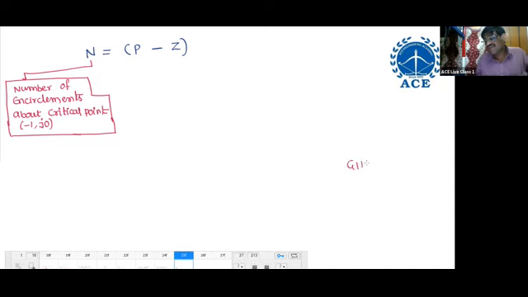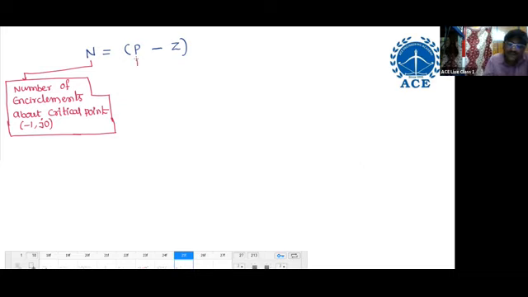For example, if they give GH like (S plus 1) by (S plus 2)(S plus 3), we can directly identify open loop stability. But which stability do we want? Closed loop stability, that is 1 plus GH stability. To get the closed loop stability, we require to take encirclements about -1.